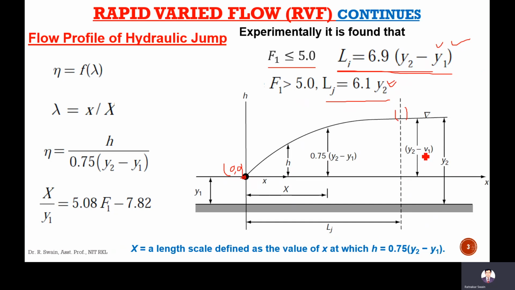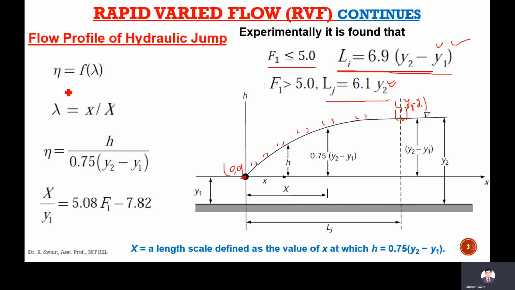So the starting coordinate and the end coordinate are known. You only have to determine the coordinates at different horizontal distances, that is, for different x, the h value is calculated. How it is calculated, we are going to discuss.